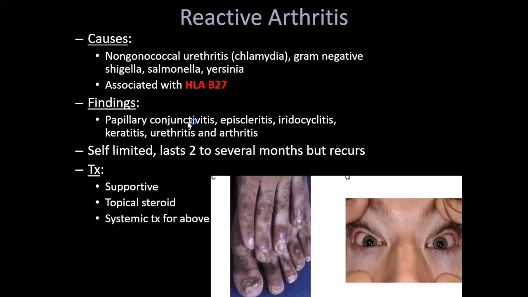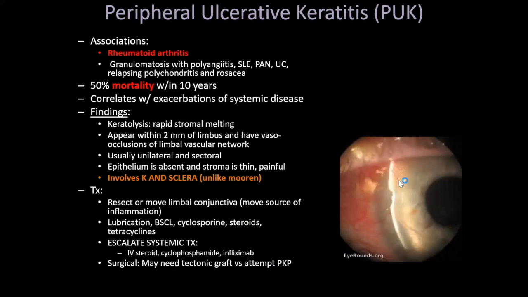So you have papillary conjunctivitis, episcleritis, iridocyclitis, and then keratitis, urethritis, and then the arthritis. It is self-limited. It lasts 2 to several months, but it recurs. The treatment is supportive, topical steroids, and then systemic steroids.